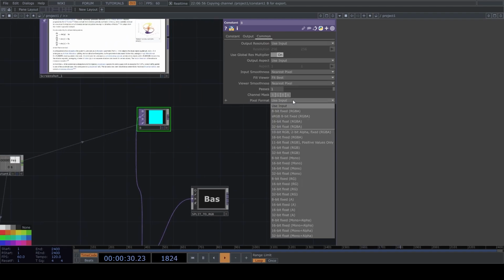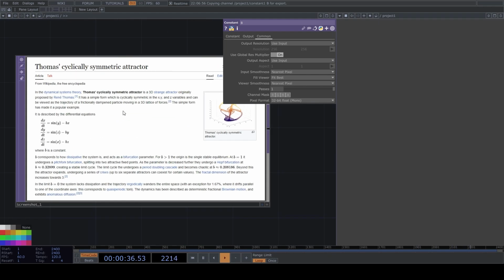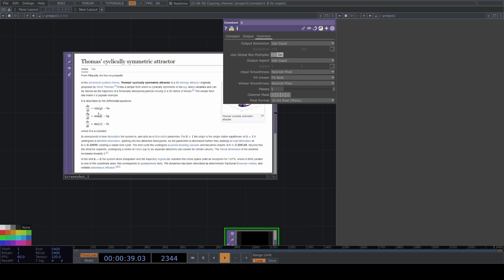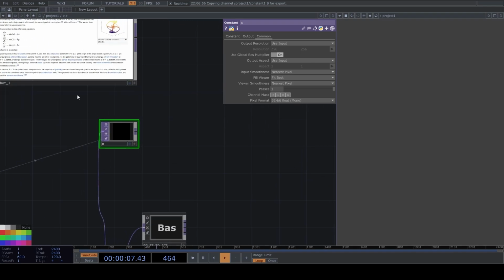And it should be 32 mono. Next, let's actually build all equations using functions.